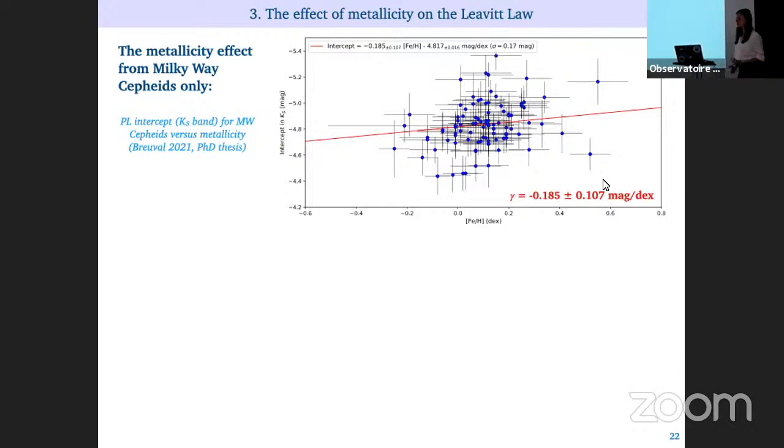But if we improve parallaxes with the new data releases, for example, in 1 or 2 years, or maybe more, and we have more individual metallicities in the Milky Way, we should improve this precision. But I still don't think the Milky Way only is sufficient. I really think adding other galaxies is really important.